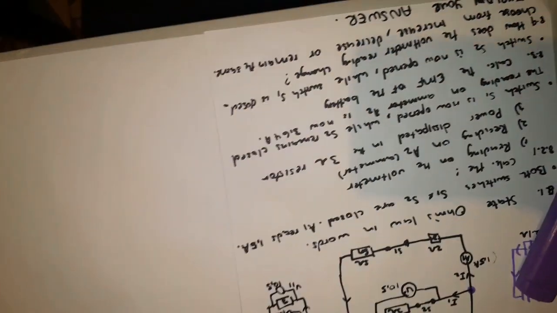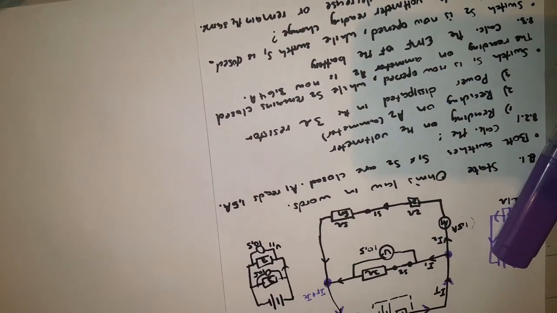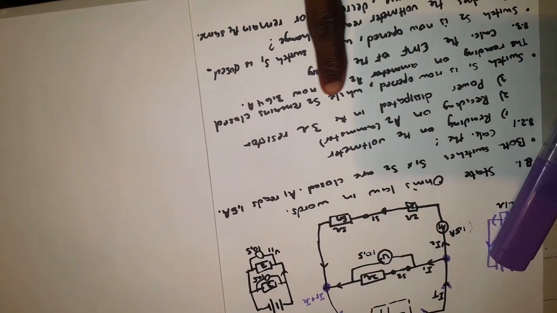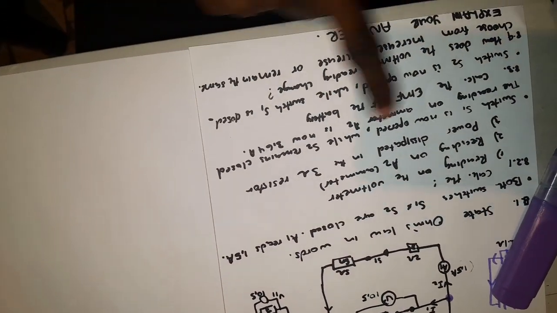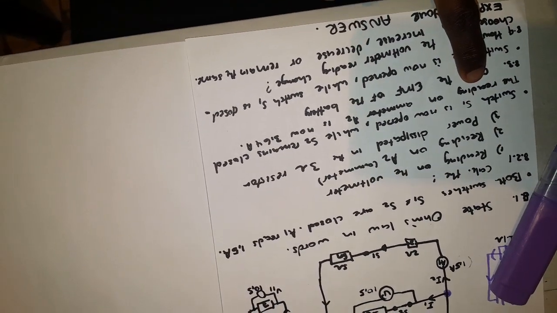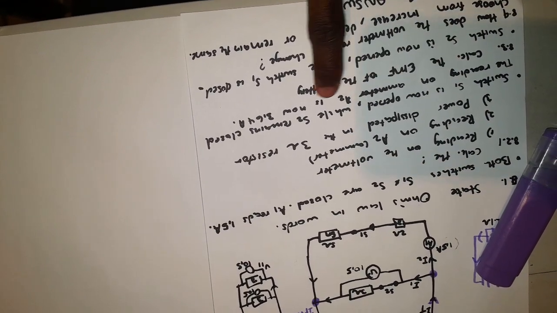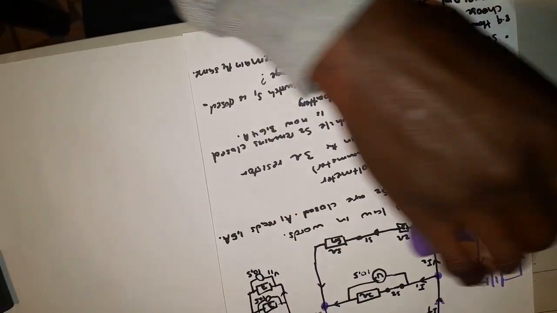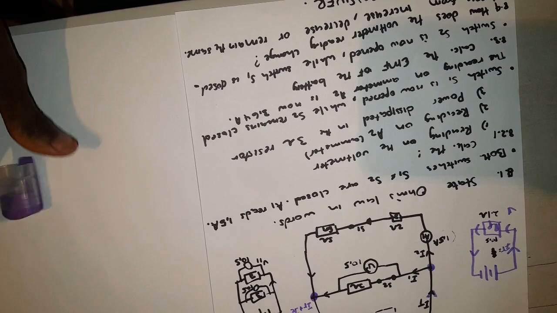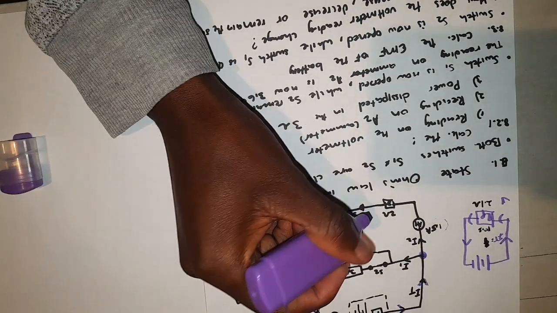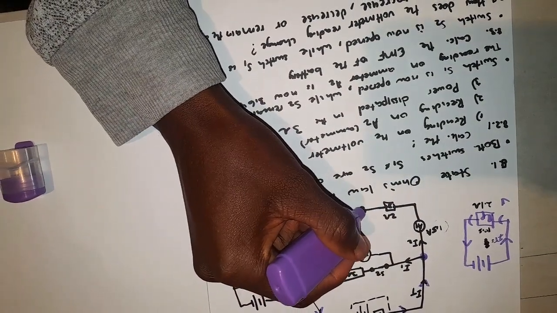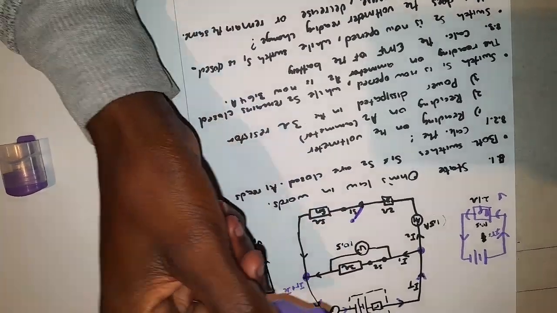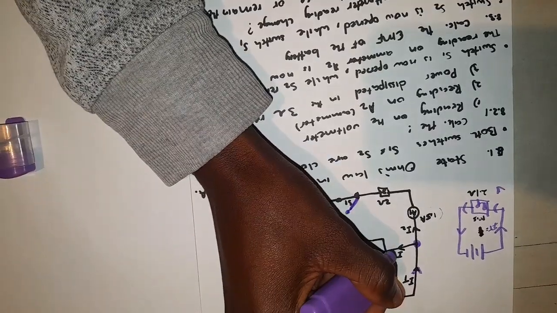So now let's continue. Switch S1 is now opened while S2 remains closed. The reading on the ammeter A2 is now 3.6. So since S1 is now opened, we're only going to be dealing with this one.